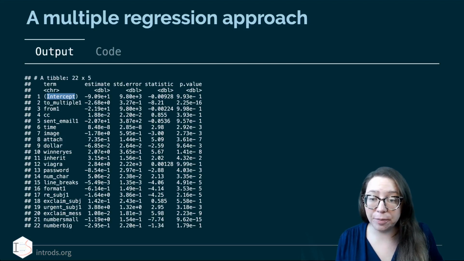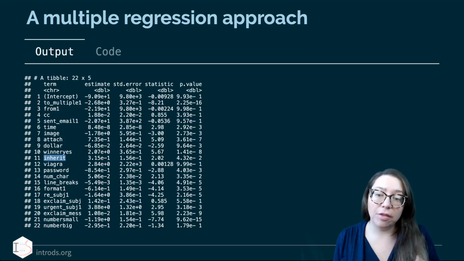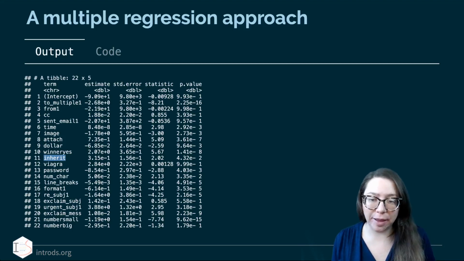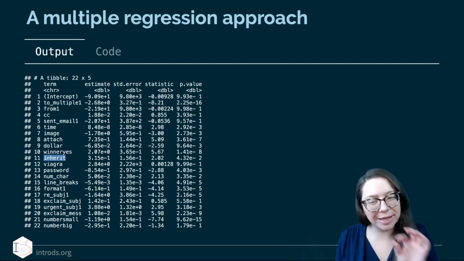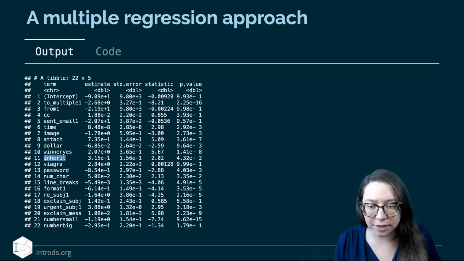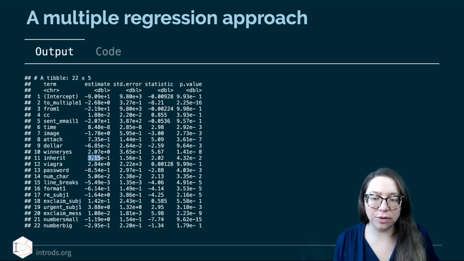So one example here is the word inherit, as perhaps the more times the word inherit shows up in the email, the more likely it is to be spam. So we're not yet focusing on exactly how to interpret this particular estimate, but we're at least making some statements about the sign of that estimate.